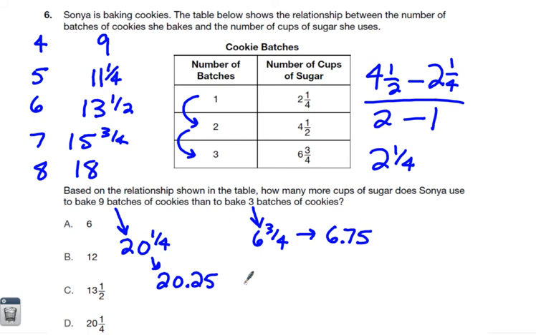So I hope you realize that implies you're going to subtract these two numbers and get what? I'm going to do this on my calculator for sure, just so I don't take any risks. So 20.25 minus 6.75. If you're using mixed numbers on your calculator, that's fine. I get 13 and a half. Next.